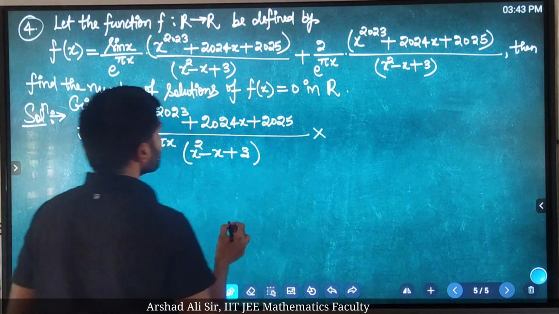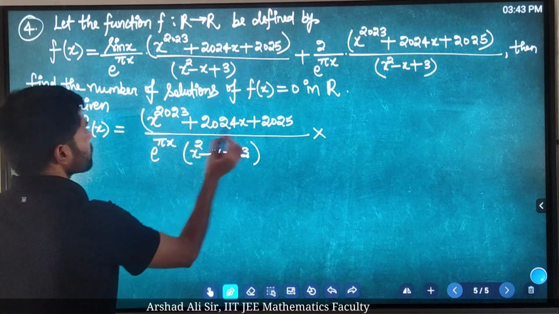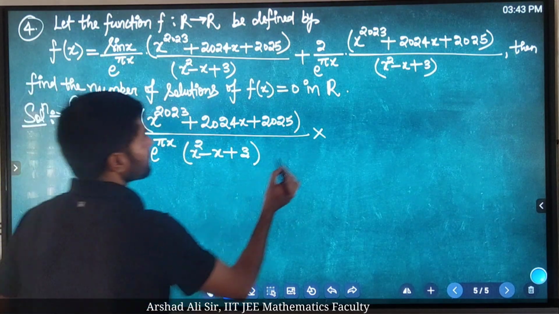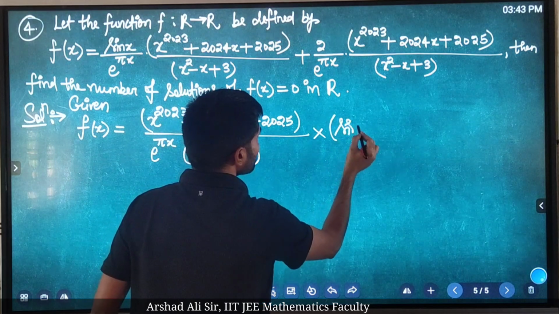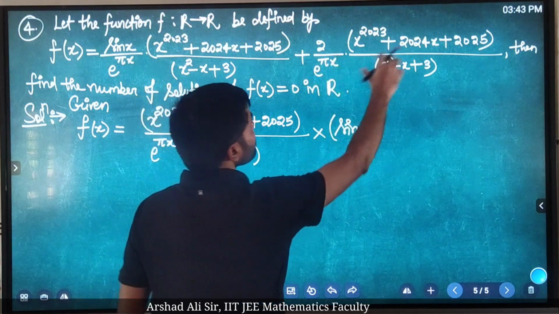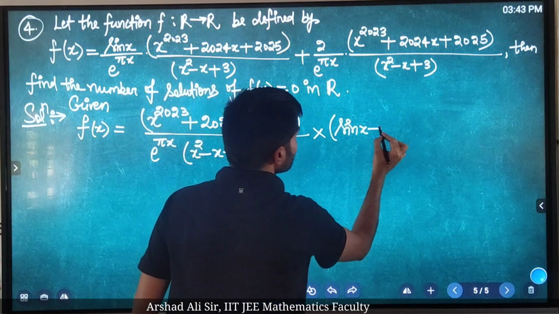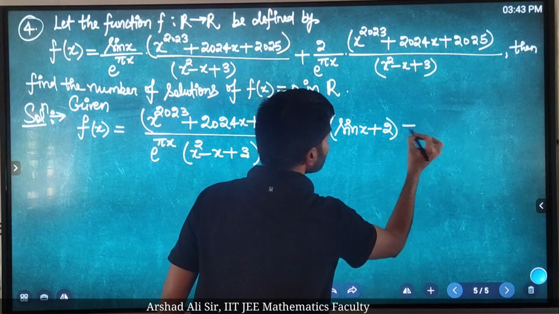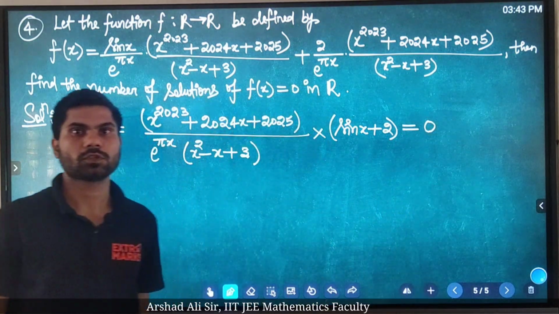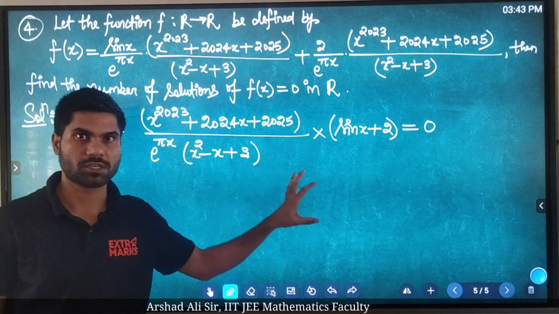After taking common, what we have here, sin x is remaining, and complete term is common, so only plus 2 is remaining, and this whole function we have given equal to 0. So we can say this one is our main question.